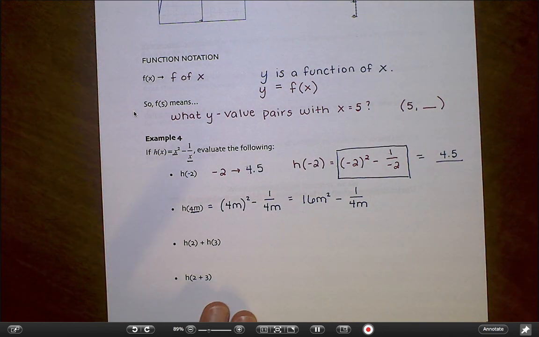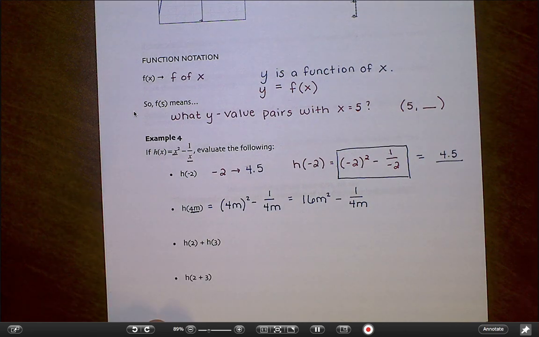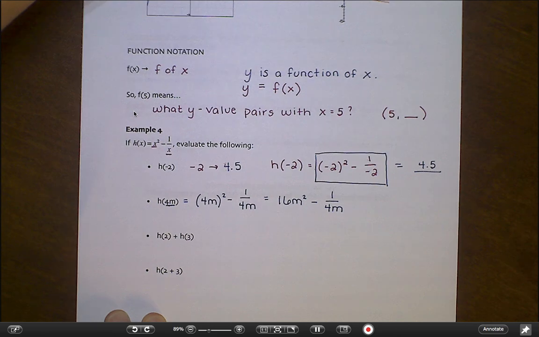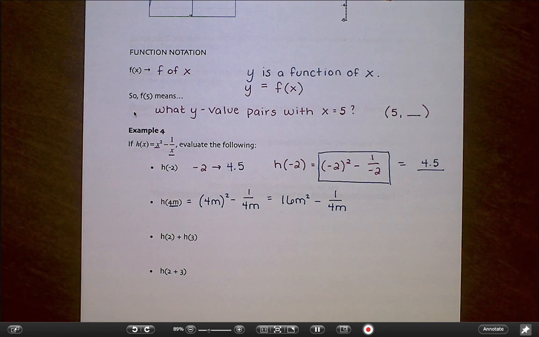Okay, these next two are on here just to kind of point out the difference here and make sure you understand how function notation operates. Here I have h of 2 plus h of 3, and here I have h of 2 plus 3. These two things are different from each other. You can't take them apart or put them together and have them come out to be the same thing.